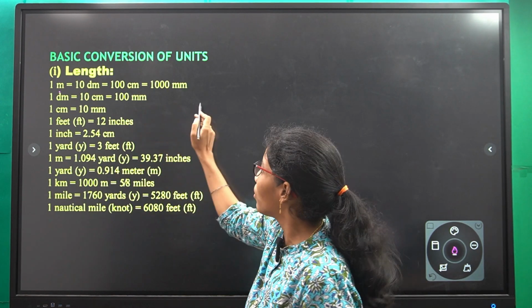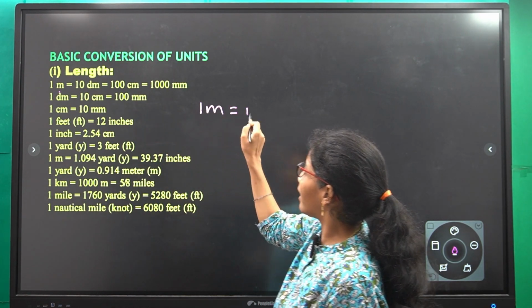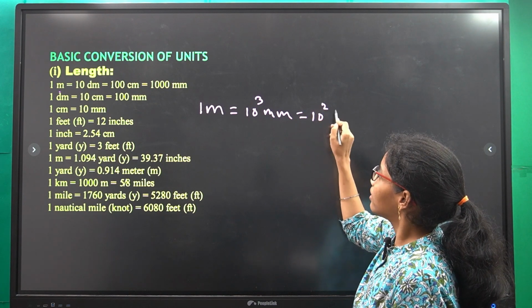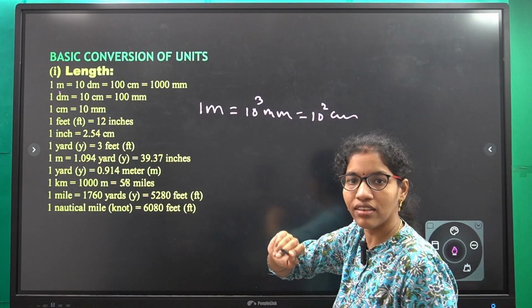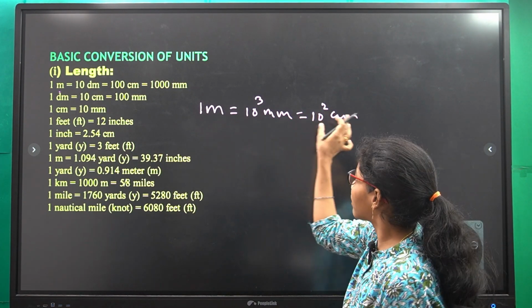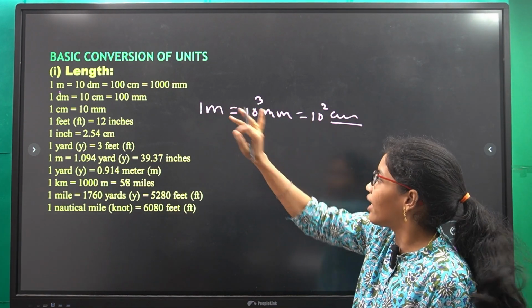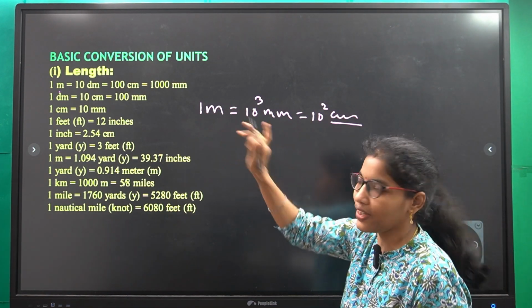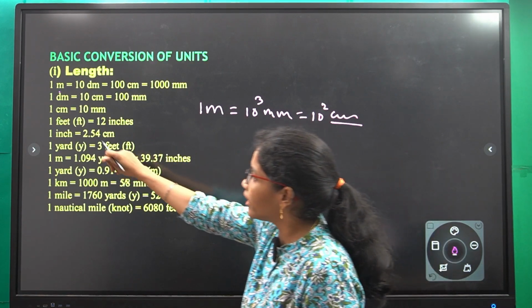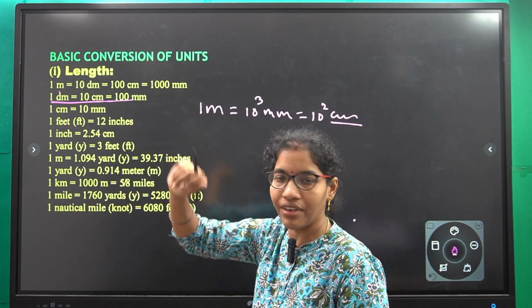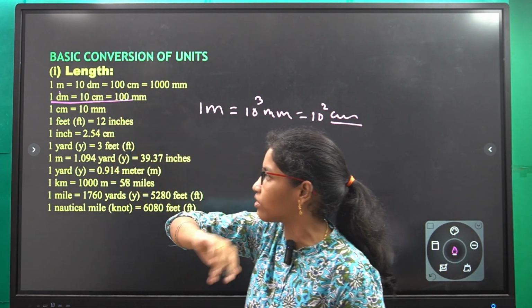Generally, if a length is given in centimeters and we want it in meters, we have to convert like this. Again, 1 decimeter equals 10 centimeters equals 100 mm. From this only you are converting.